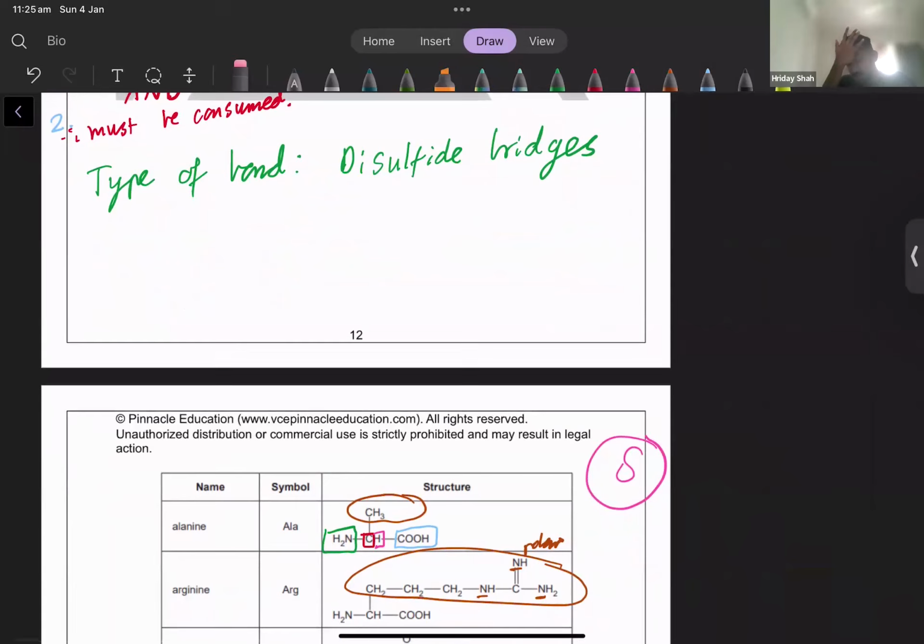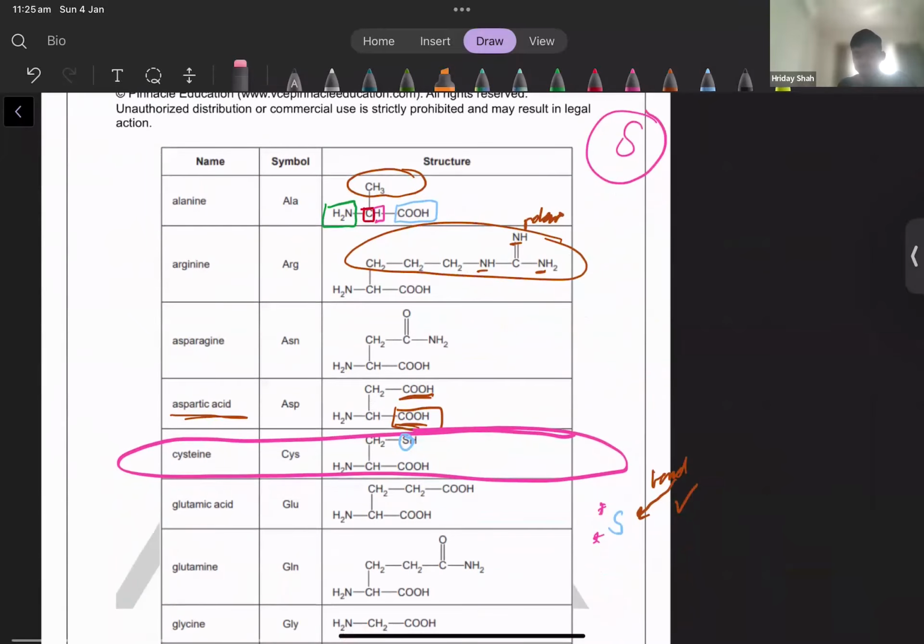Now, in the MHS SAC, there was a very brutal question where they gave a chain of amino acids, and they asked, is it possible to make a disulfide bridge? That chain of amino acids did not have cysteine in it.